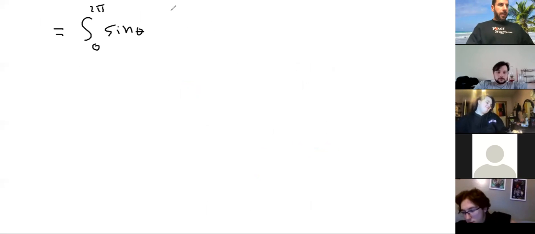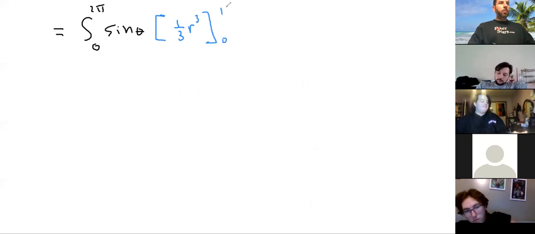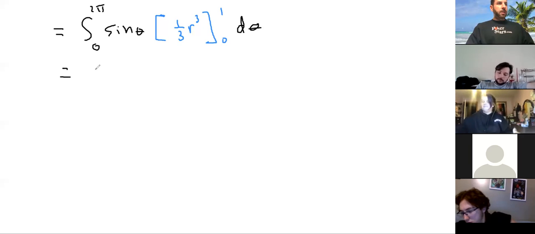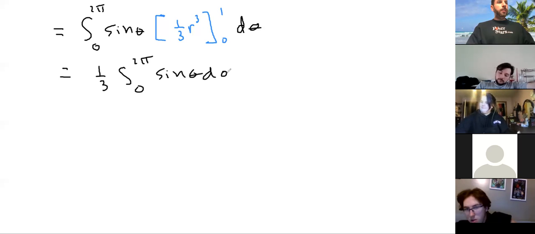Inside, this becomes 1/3 r cubed from 0 to 1, if I'm integrating properly, and then I have a d theta. And then of course, when I evaluate that, I get 1/3 times the integral from 0 to 2 pi of sine theta d theta.